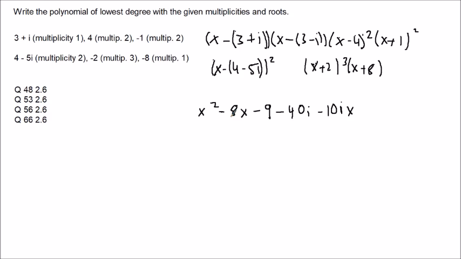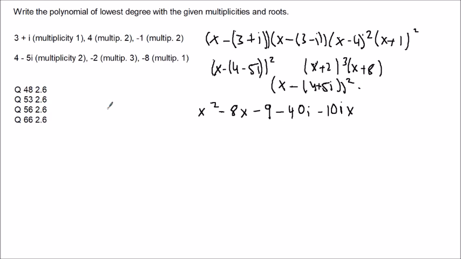I challenge you to find one thing, but as of right now, I want to save time, so let's just say we can't, and we'll have x minus 4 plus 5i, and we'll put that to the squared as well. So this will be x minus 4 minus 5i squared, x minus 4 plus 5i squared, x plus 2 squared, x plus 6. Okay, time to do questions from the book.